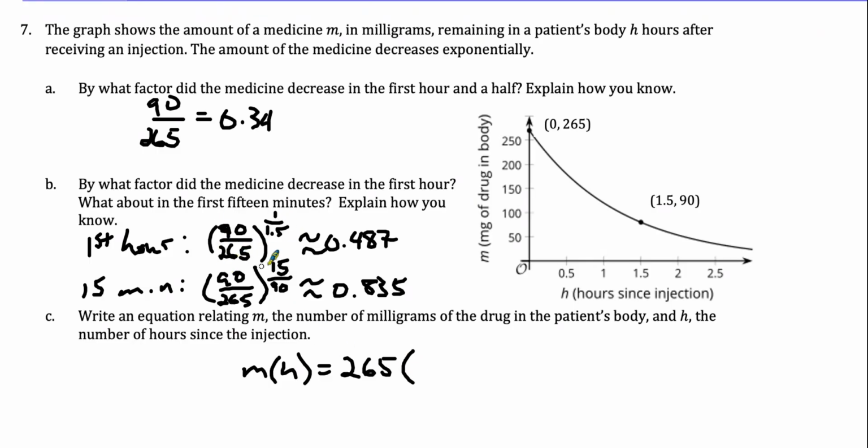Again, I can either put it in as the fraction or the decimal. I'll go ahead and put it in as the fraction just to be precise. So 90 over 265 to the 1 over 1.5 power. So that's my growth factor for the hour, and then raised to the variable power. In this case, again, they wanted us to use h for the variable.